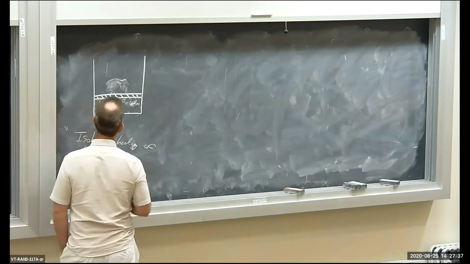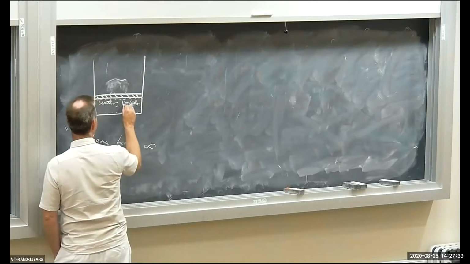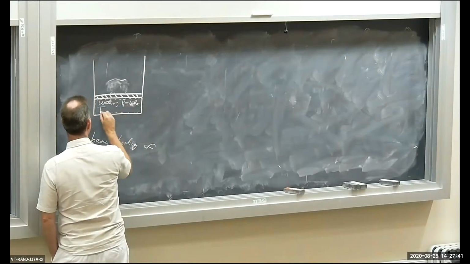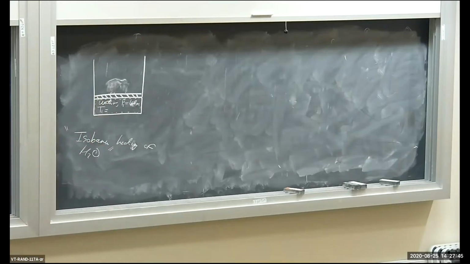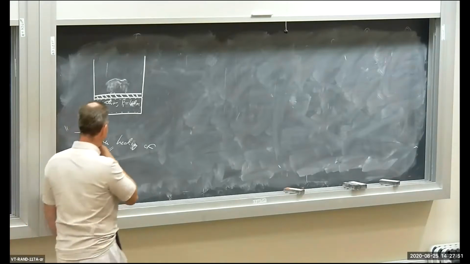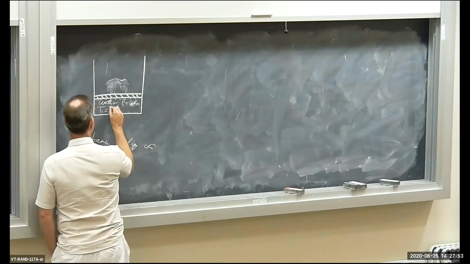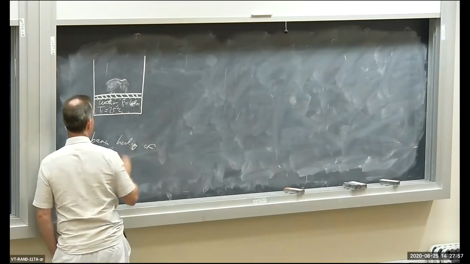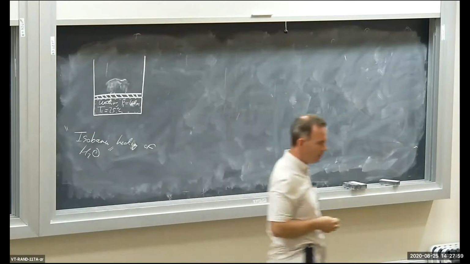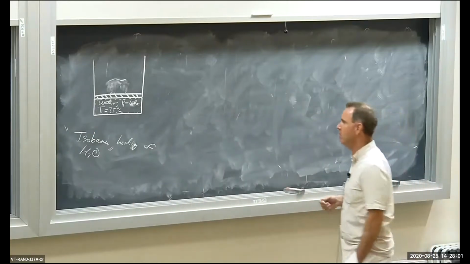Let's say the original temperature, so this is P1, let's say the temperature T1. Well, water boils at 100 degrees C. Let's say the initial temperature is room temperature, let's say 25 degrees C. So the original temperature is 25 degrees C for this water.